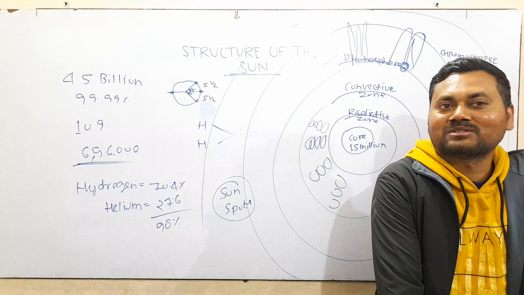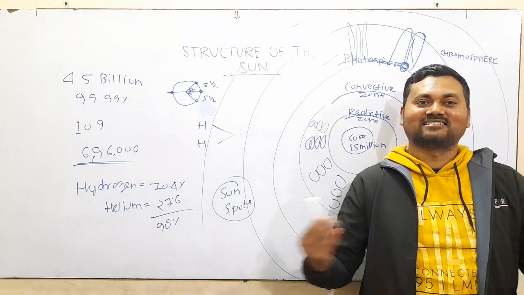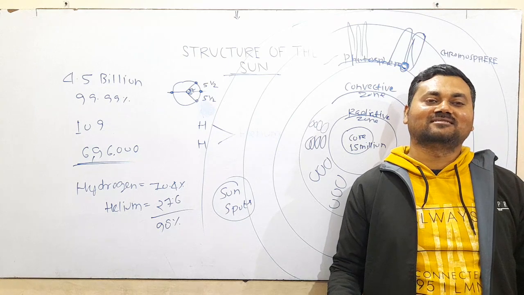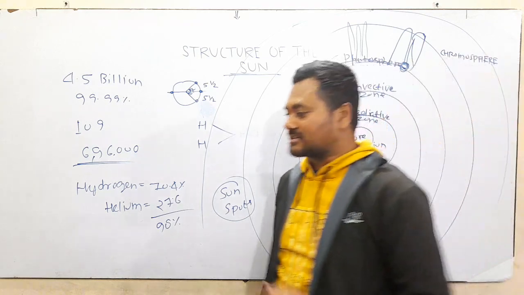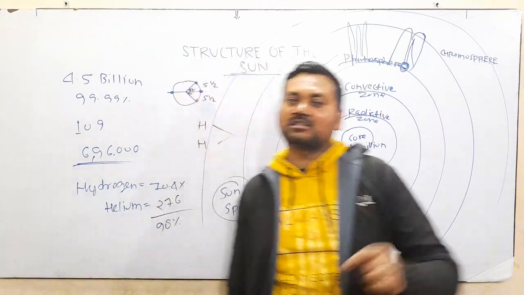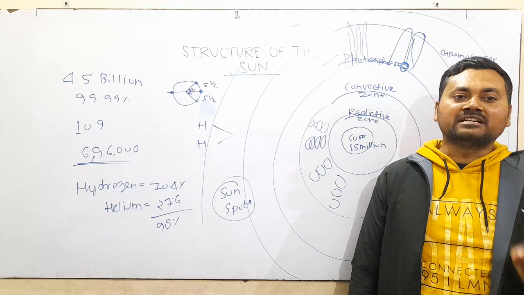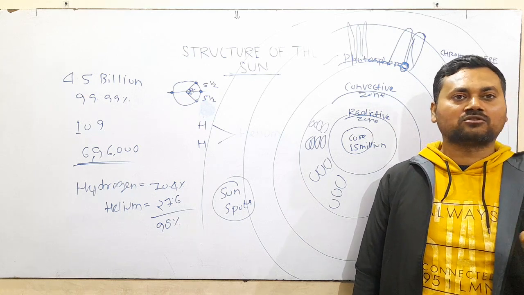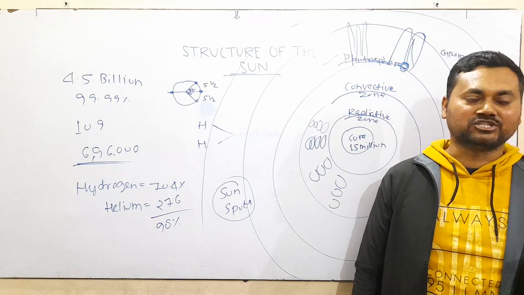Or is the sun stationary in nature? Sun does not revolve. Galaxy. Yes. The sun revolves around the center of the galaxy, around the center of the galaxy, which is also called the black hole or the bulge.